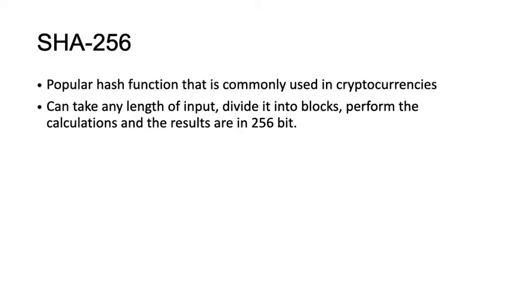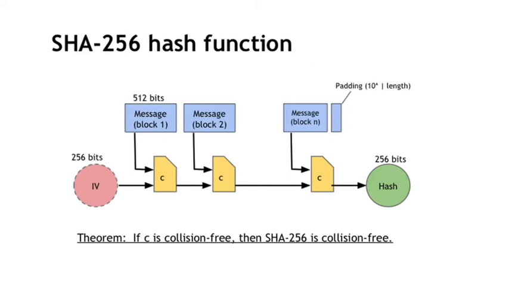Now, the particular hash function that is used in Bitcoin is called SHA-256. It's a very popular hash function. It's commonly used in cryptocurrencies, and it can take any length of input, divide it into blocks, and perform the calculations, and the results are in 256 bits.